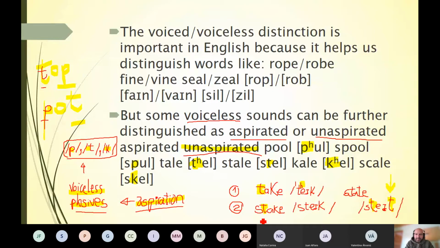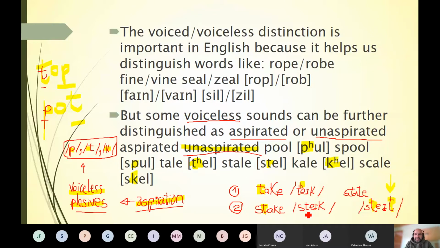Now, in the second example, we have steak. We have t not in initial position, but in middle position. This sound is unaspirated because there's not that extra puff of air. And when we transcribe this sound phonetically, take, t in initial position, has this very small symbol that represents aspiration. Looks like a letter H, right?